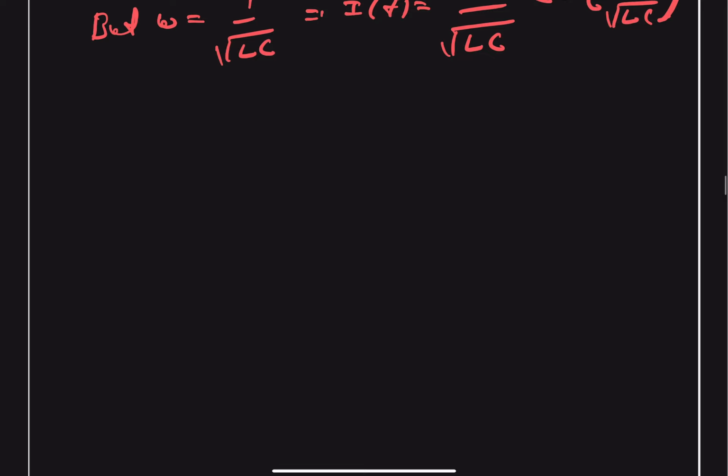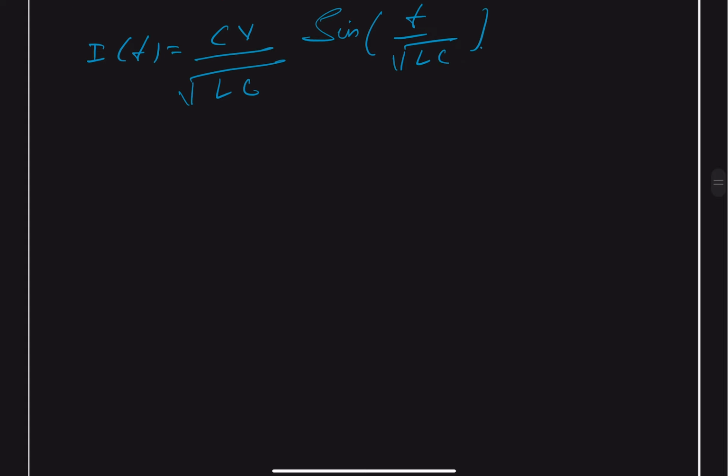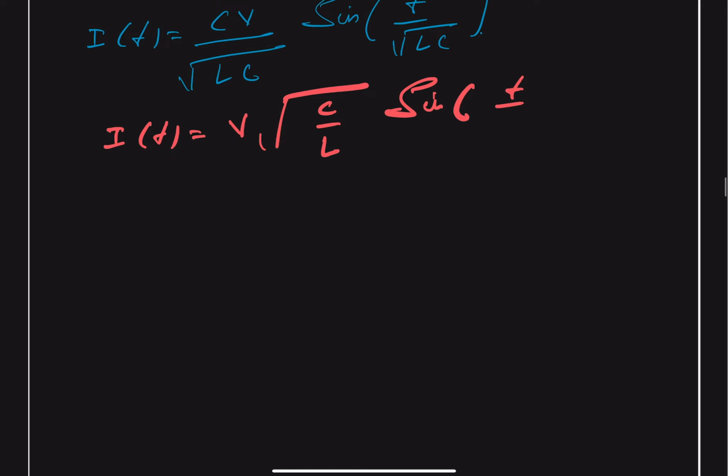So I of t is equal to CV upon square root of LC times sine of t upon square root of LC. So we get I of t is equal to V times square root of C upon L times sine of t upon square root of L multiplied by C.